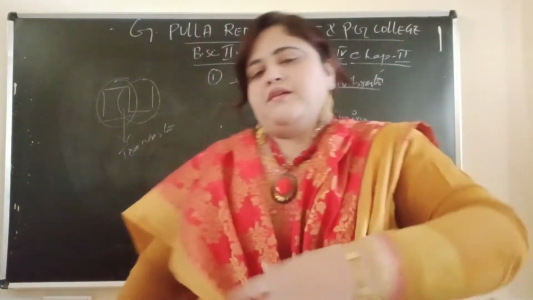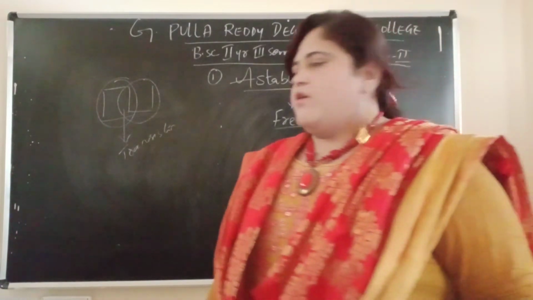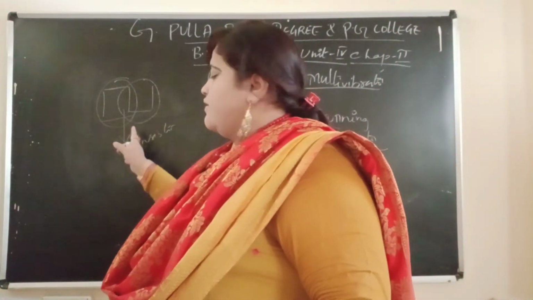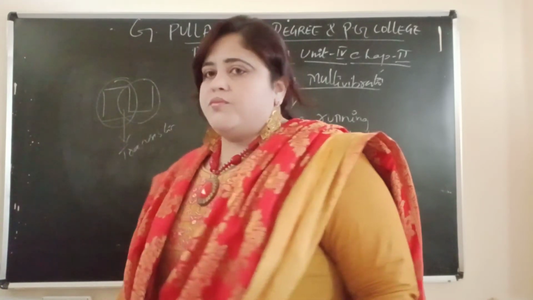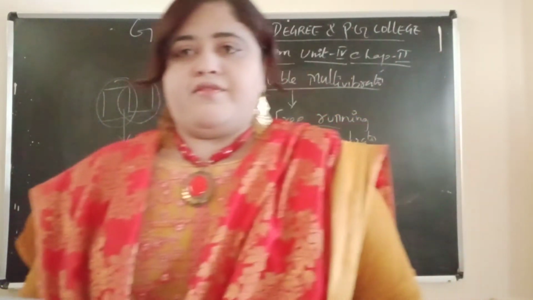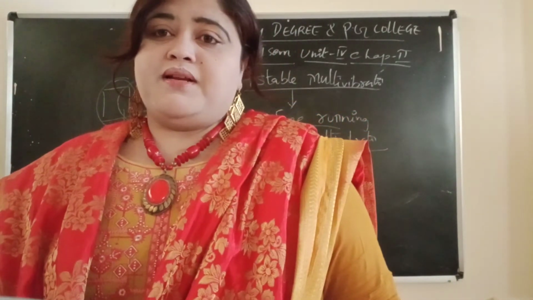Because of these two transistors, with the help of two transistors only we can generate the output in the form of square wave. Free running means it does not need any external trigger pulse.